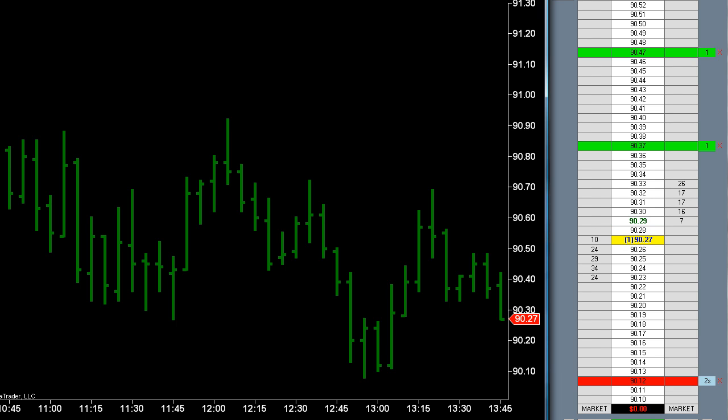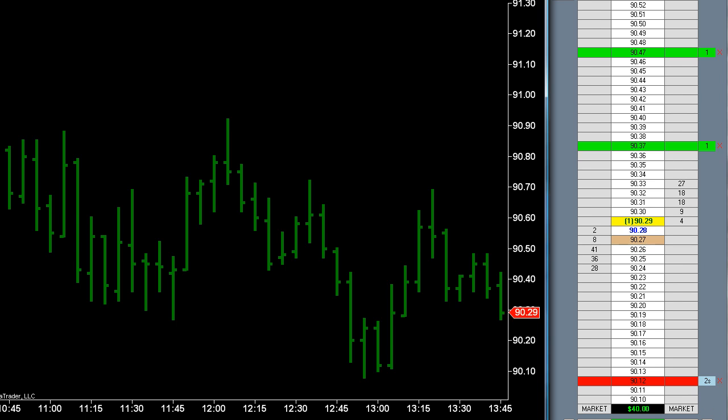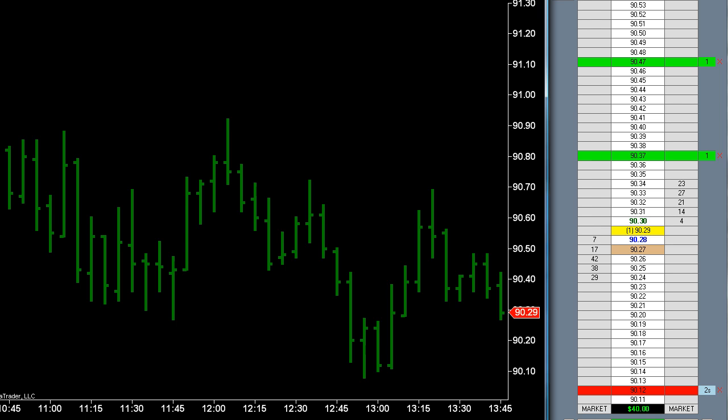We'll see what it does here, and if this thing fills, we'll try to manage this. Okay, we'll do the same thing here. We're going to try to manage this one to maximize more of the profit if we get a profit in the trade. So we'll probably move up second profit target. We always go for plus 10 and move our stop so that we're in a no lose situation.